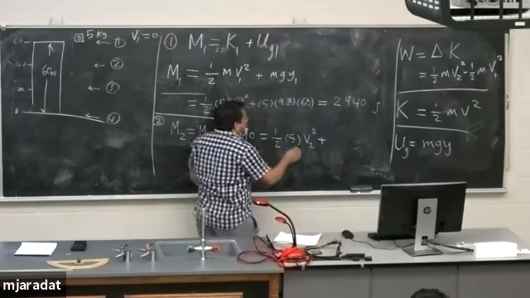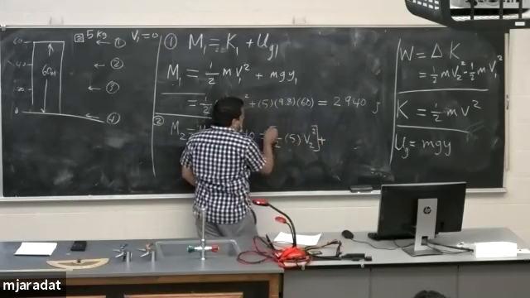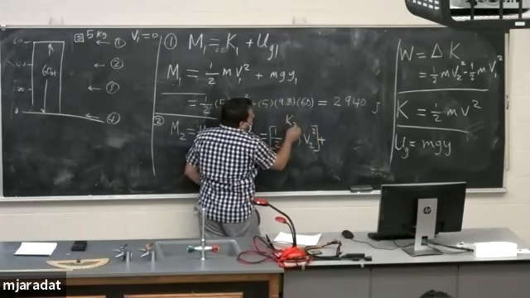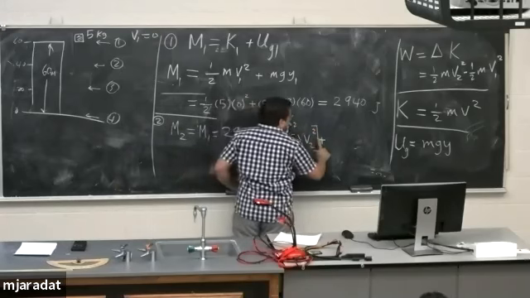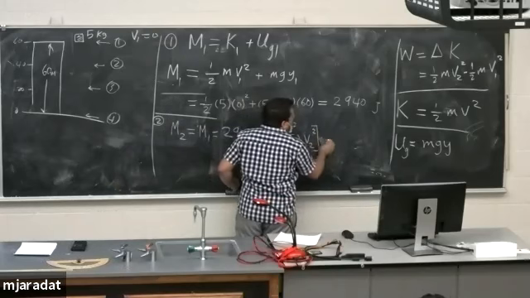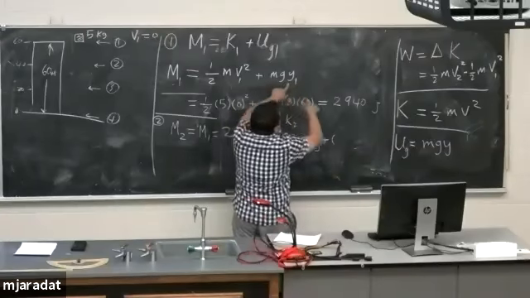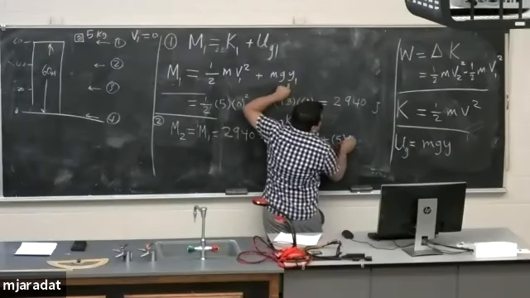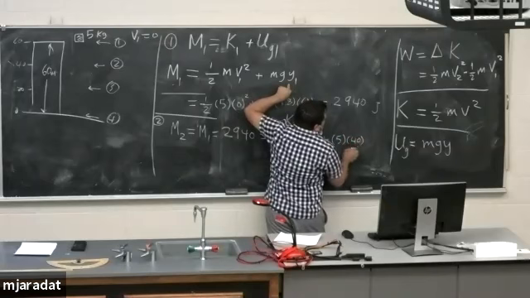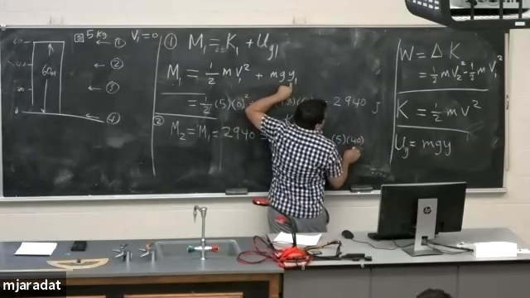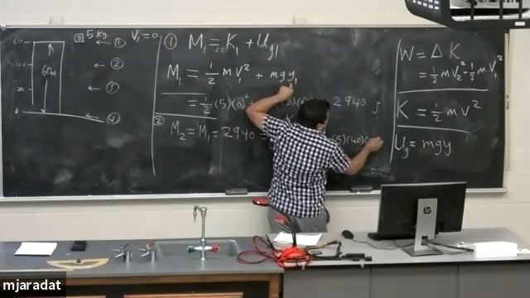I can use all of this term as kinetic energy too, it's okay. Plus m g y2, the potential energy at point number 2, which is 5 multiplied by the altitude, which is 40, by g also, 9.8.